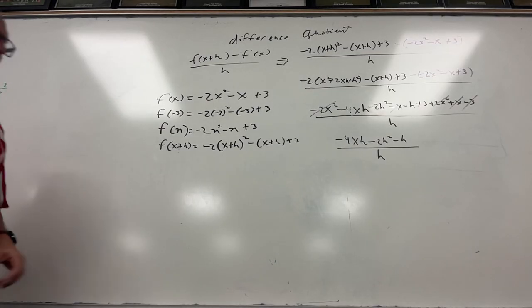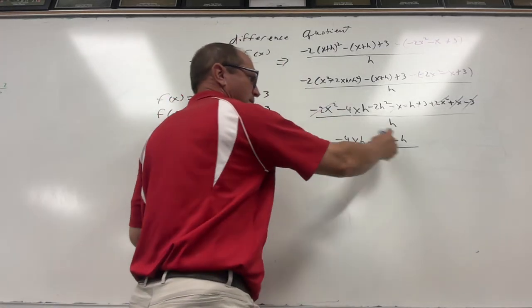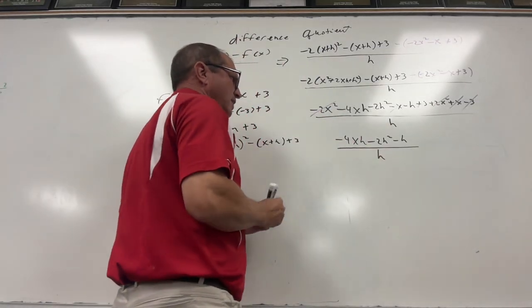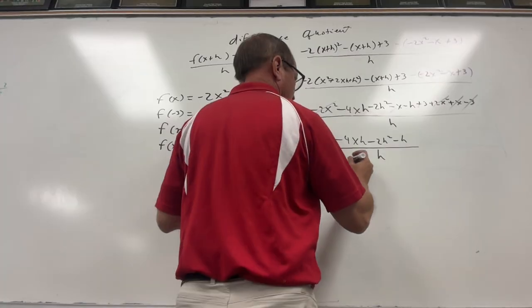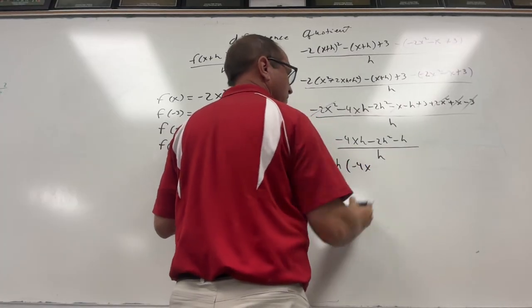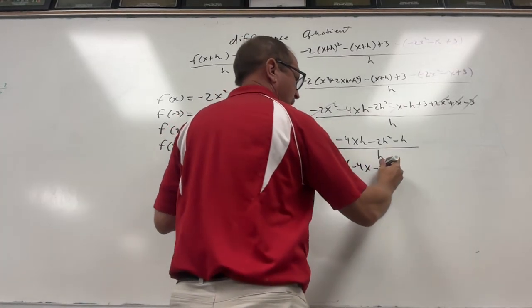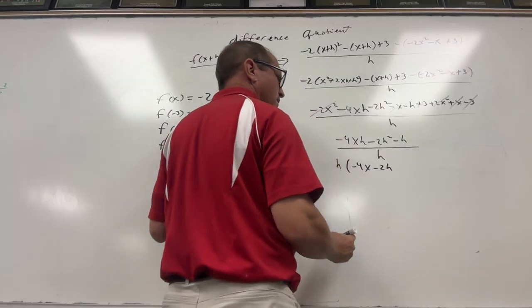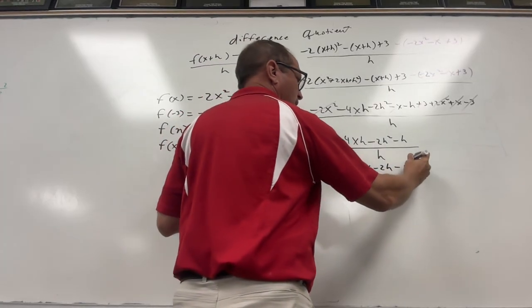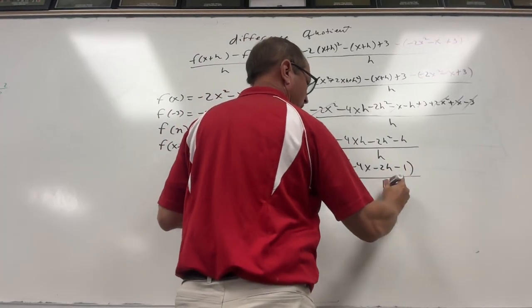Yeah. Every term has an h in common. So I'm going to factor an h out. So it's negative 4x minus 2h minus 1 over h.